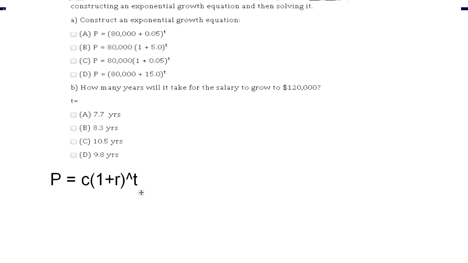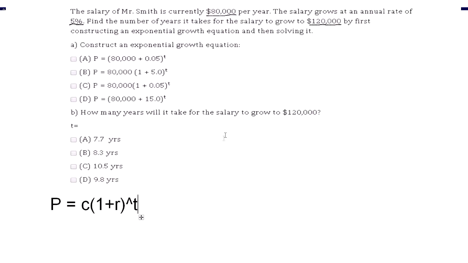What you want to do first is leave P as unknown. So P equals, then you want to find out what C is. C basically stands for capital, so that would be 80,000.